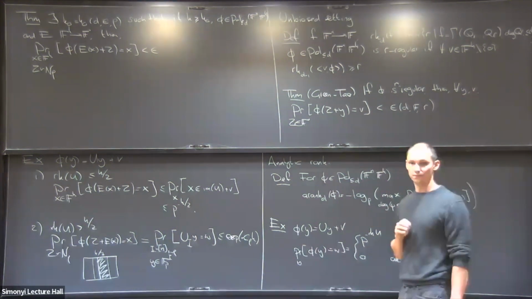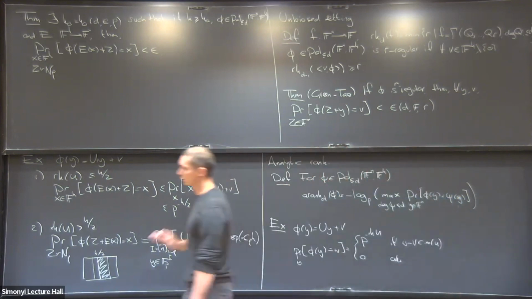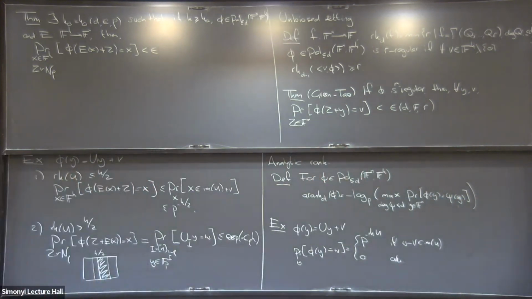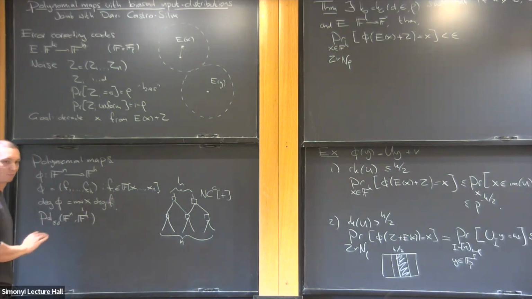So is your result in high characteristic or in every characteristic? Every characteristic. And we're particularly interested in the low characteristic, because in the low characteristic regime, you have this perfect translation between these NC0 circuits and polynomial maps. In the high characteristic regime, that breaks down. So for the application, low characteristic was relevant.